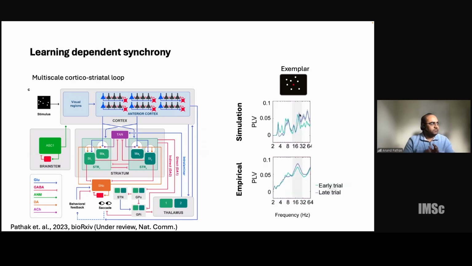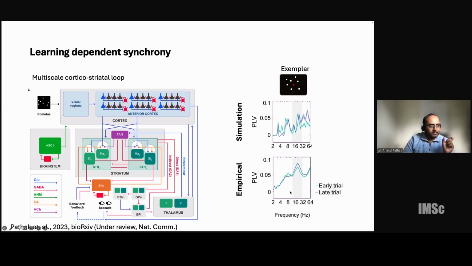Now going further, not just one trial, but over many trials, what we see is the early trials versus the late trials. If you look at the synchrony between the cortex and striatum, the corticostriatal synchrony, here it's measured by the phase locking value.